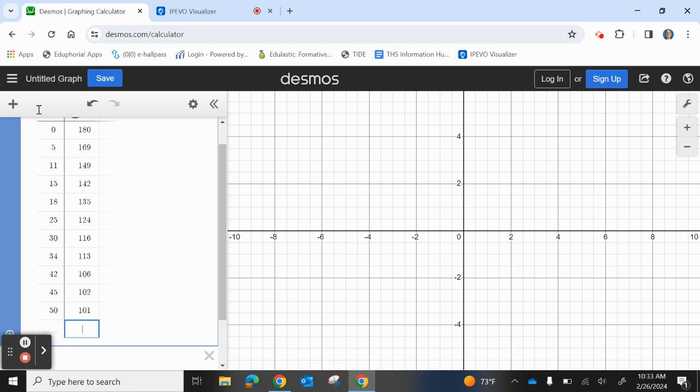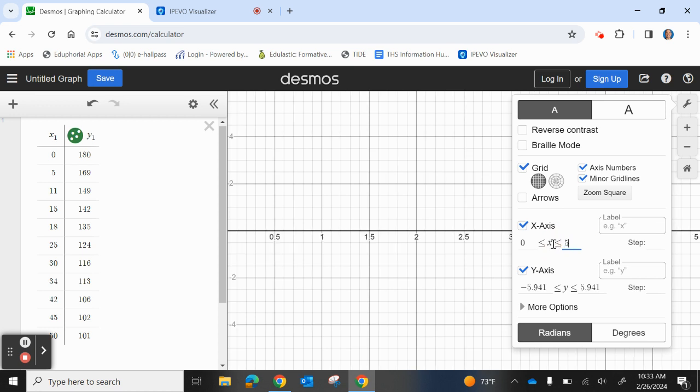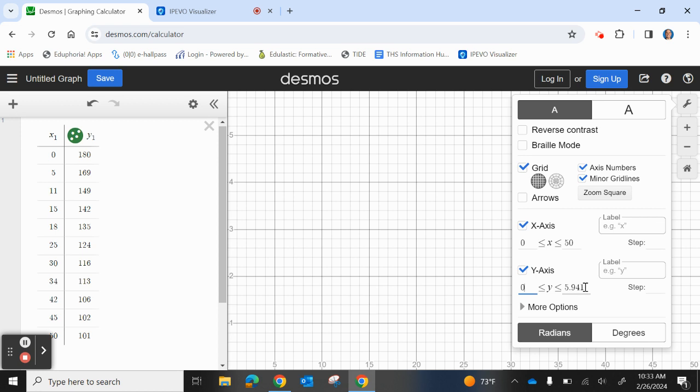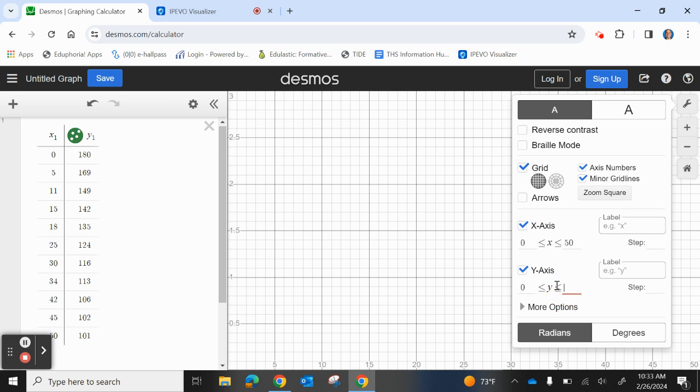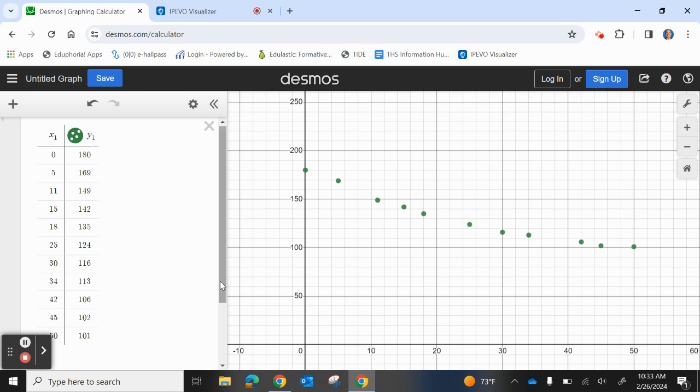All right, now we don't see the points when you adjust our window. So let's go from 0 to 50. And let's go from 0 to, looks like 200 is probably going to be big enough. Okay, zoom out just a hair. There's your points.